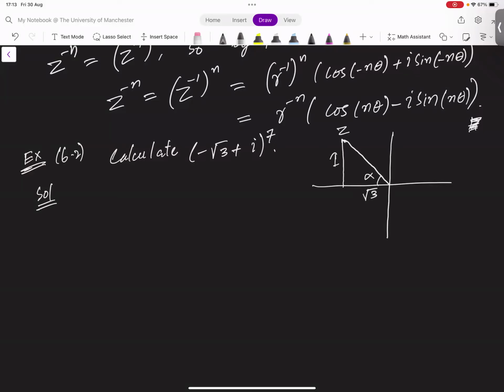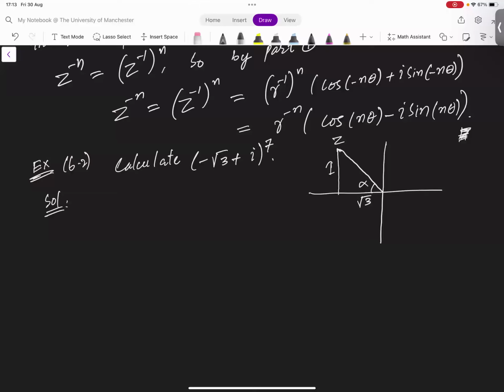So in the diagram, sine alpha is 1/2. So alpha is pi by 6. And argument of z is 5 pi by 6. Also, mod of z is 2.